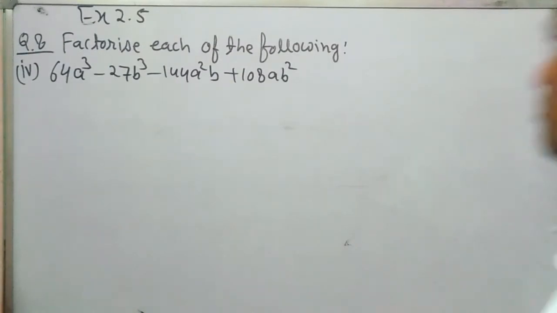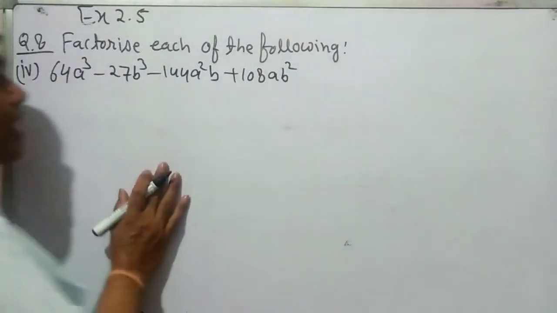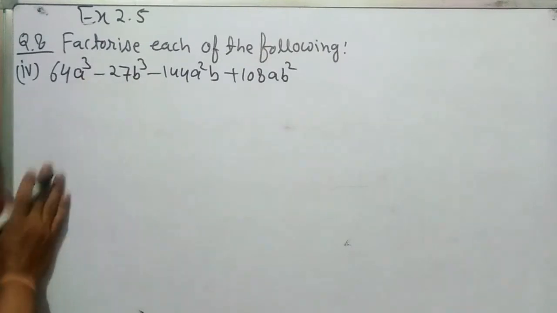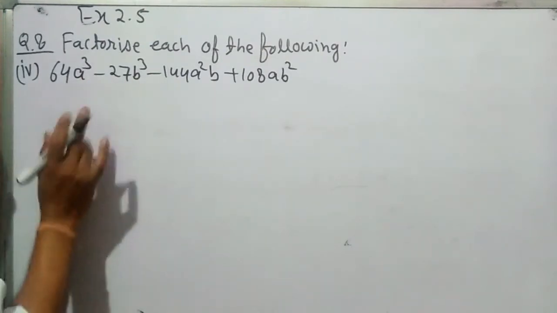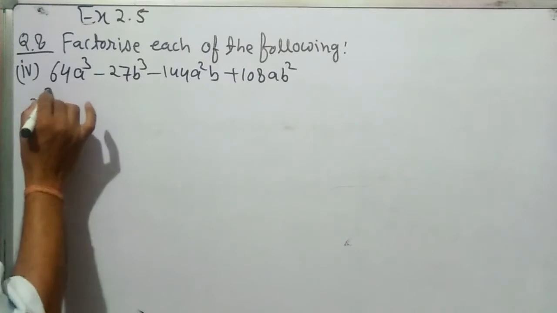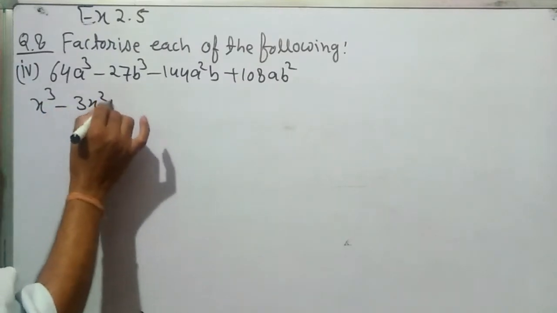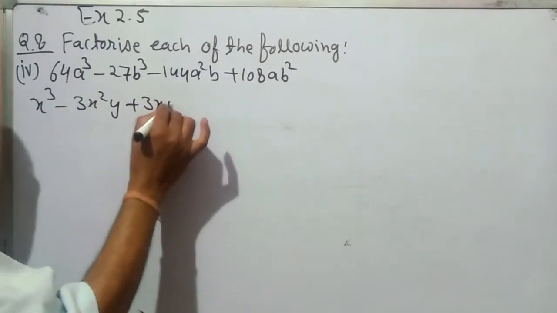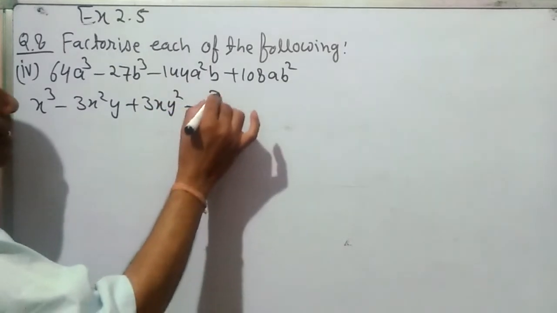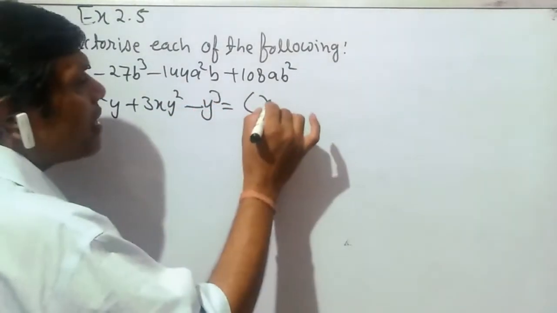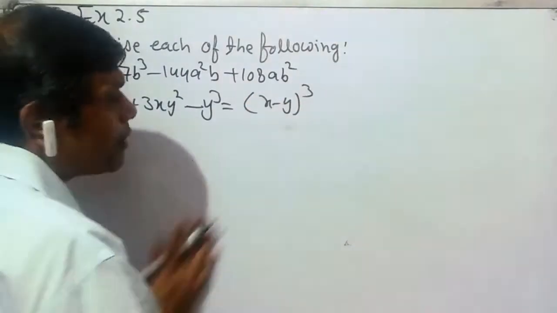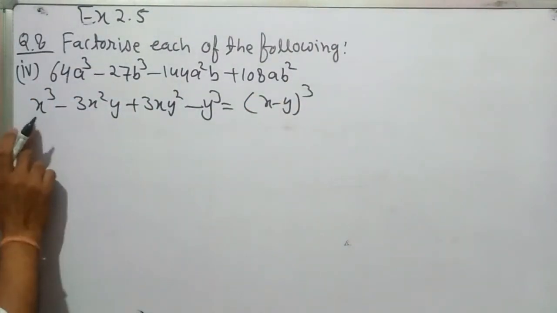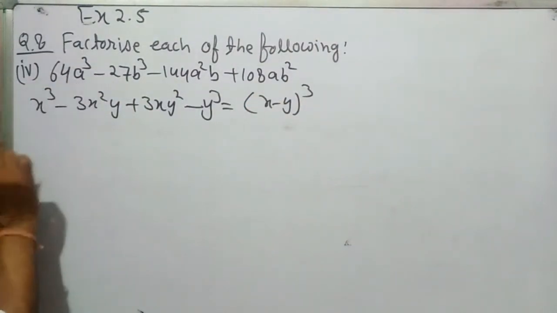So easily we are able to identify the identity as well as the factors. Again in fourth part, we again identify the two perfect cubes. Let us write the identity x cube minus 3x square y plus 3xy square minus y cube is x minus y whole cube. What is x cube? 64a cube.